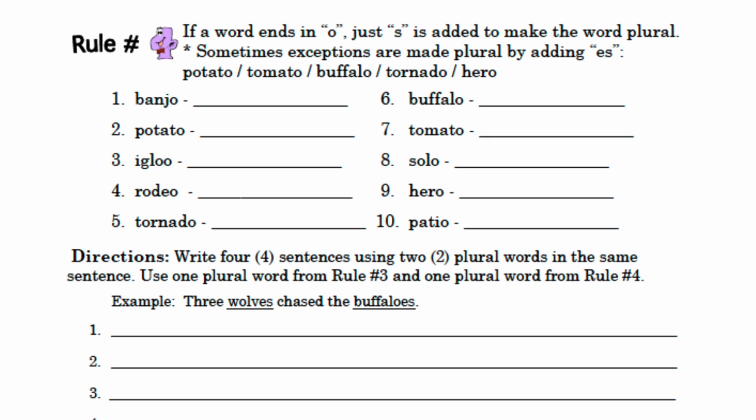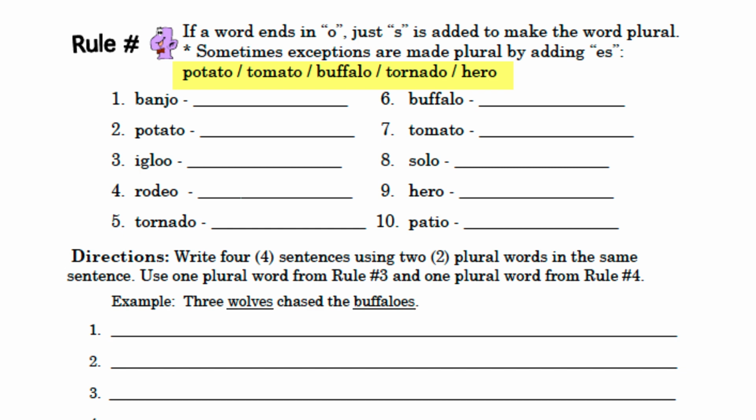The really tricky area are the words that end in O. Now, in most cases, if a noun ends in O, you just add an S. But there's several words that end in O that actually get an ES. I don't know if there's an official rule for these words, but my students helped me come up with a trick, and you can see the words there that should have an ES.